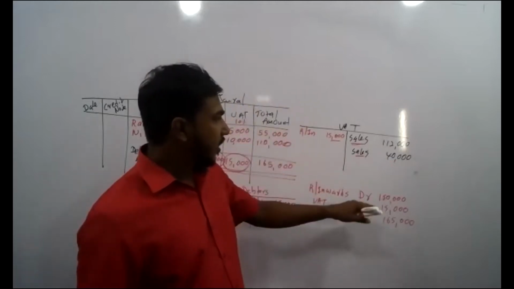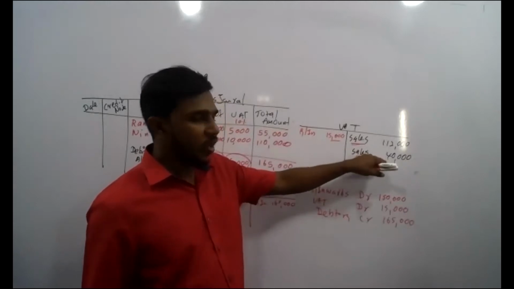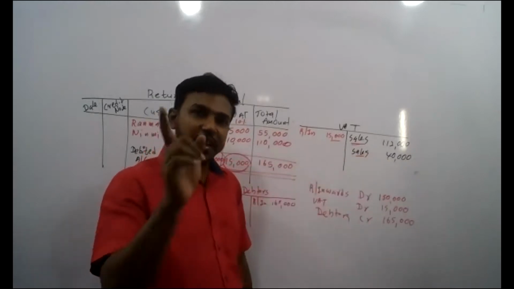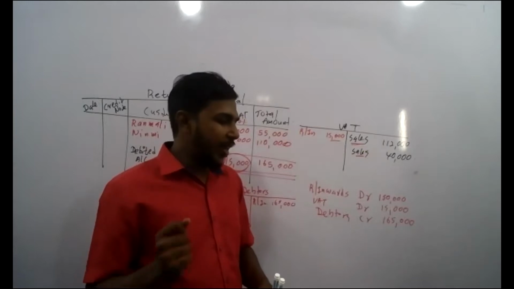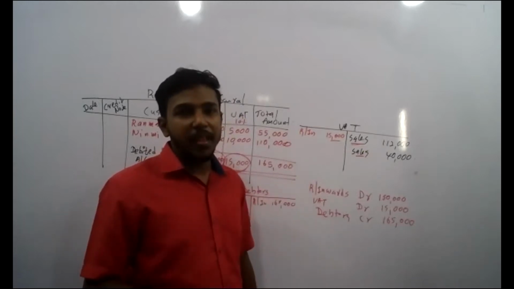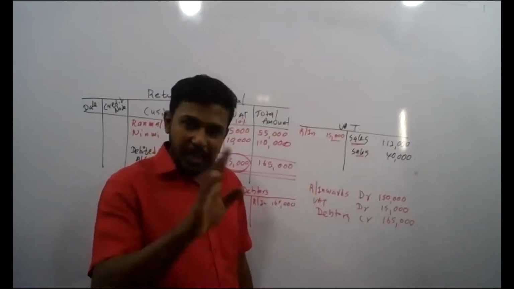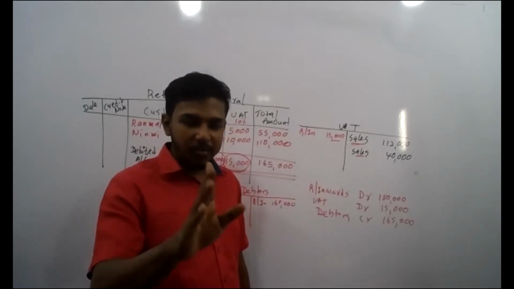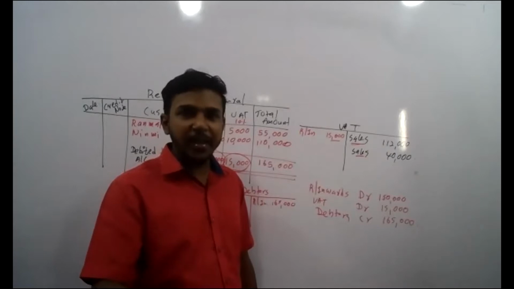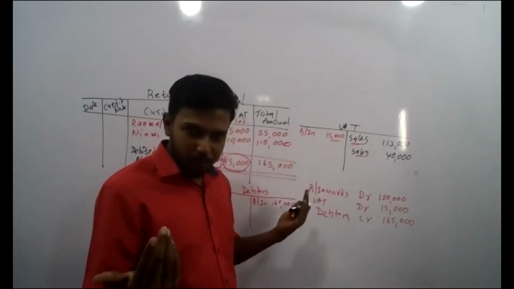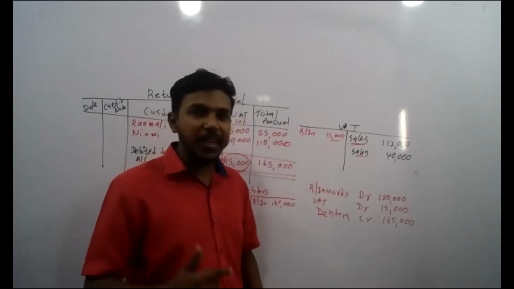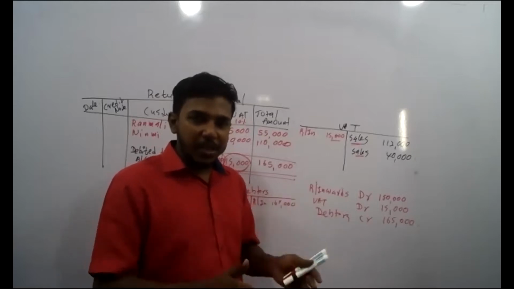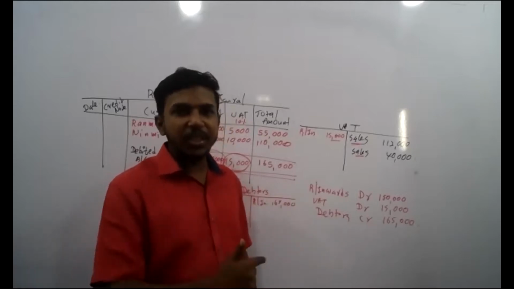Because there was credit sales. This 40,000 comes, there was a transaction for credit sales. Sorry, not credit sales, cash sales. Cash sale doesn't come for the sales journal, it's correct. But still, you're supposed to put the transactions once you prepare the ledger accounts. Cash debit, sales credit.